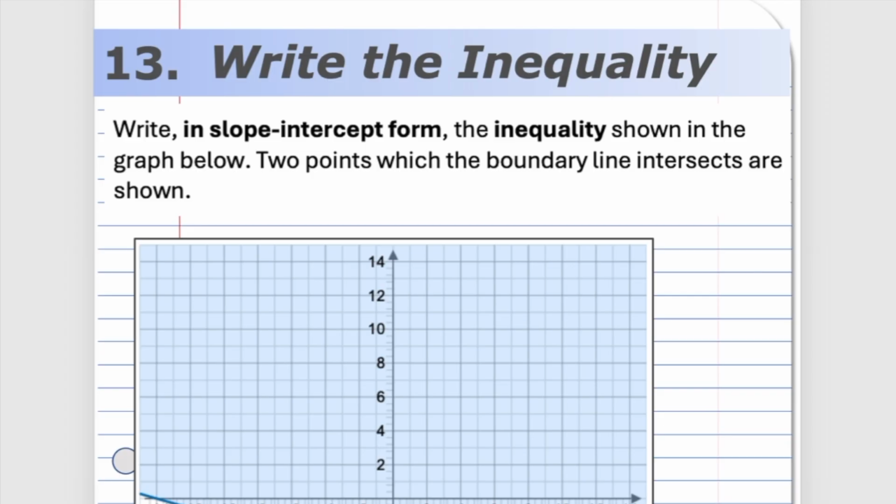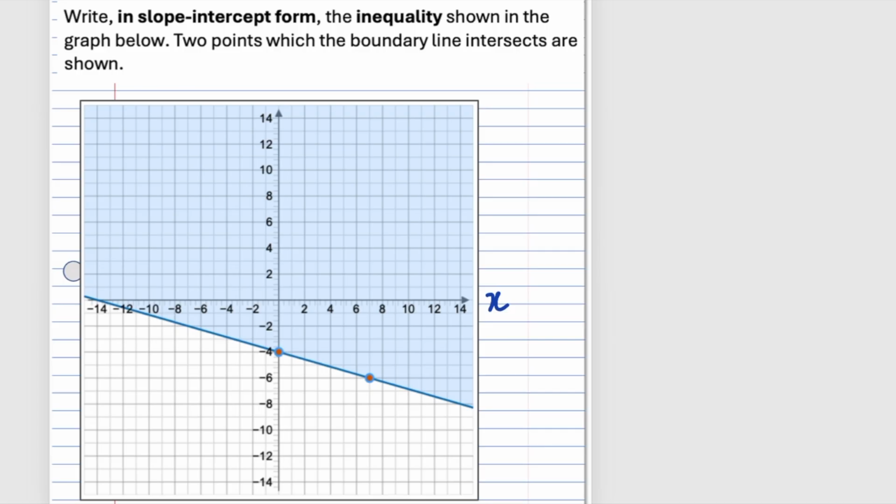Write in slope-intercept form the inequality shown in the graph below. 2 points which the boundary line intersects are shown. We have a change in y of 2, and a change in x of -7.